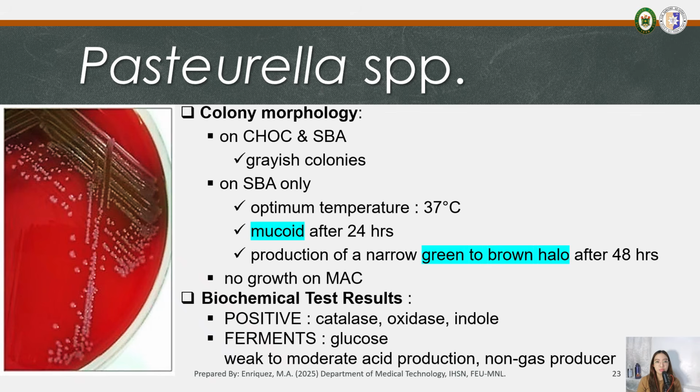All right, so here is the colony morphology of Pasteurella species, and listed here are their biochemical test results. They would test positive for catalase, oxidase, and indole production. And it's only capable of fermenting one carbohydrate, which is glucose.